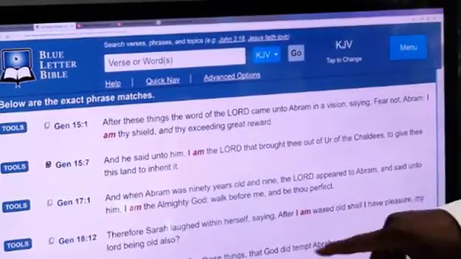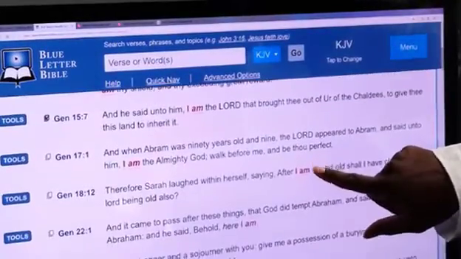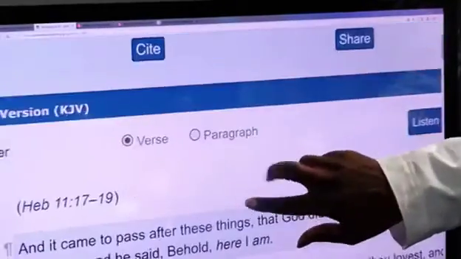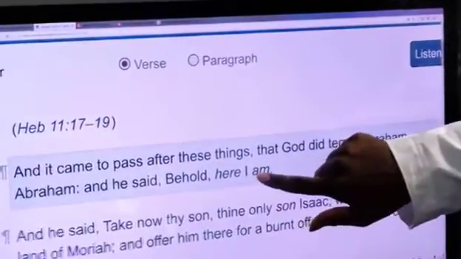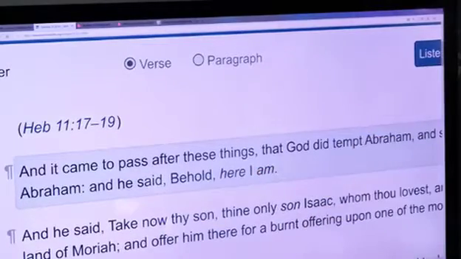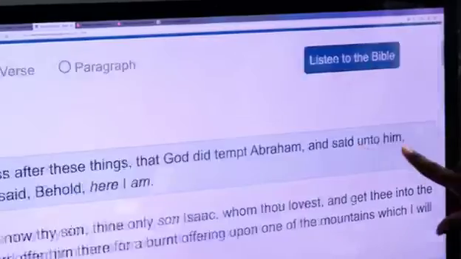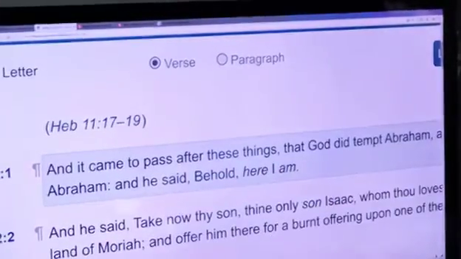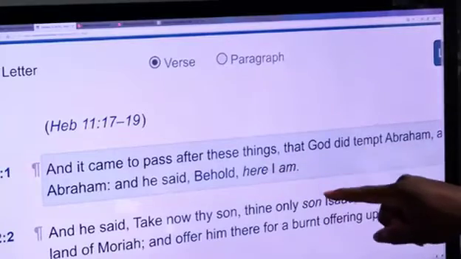Let's go to another scripture. This is Genesis 22:1. It says, "And it came to pass after these things that God did tempt Abraham and said unto him, Abraham, and he said," this is Abraham speaking, "Behold, here I am."